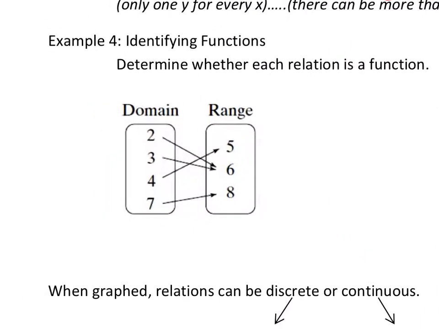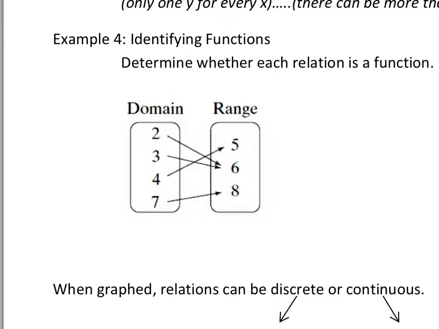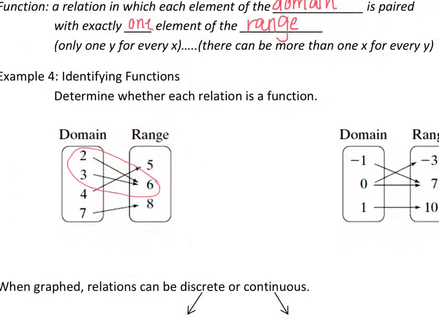In this first one, are there any double arrows, like two arrows going to one number? Yes, right here. There are two x's for that one y. Does that matter for whether it's a function or not?